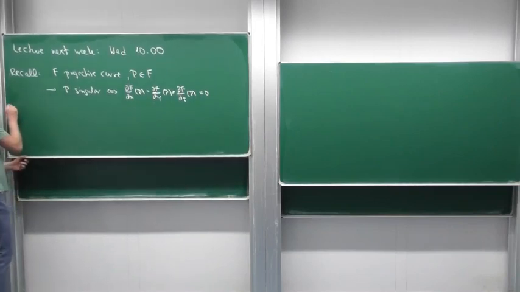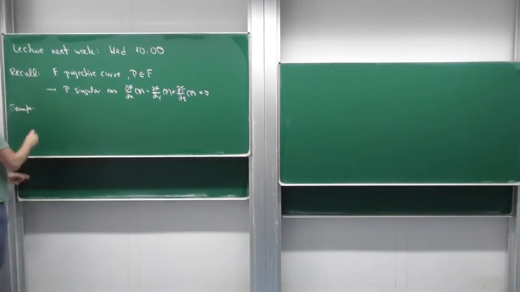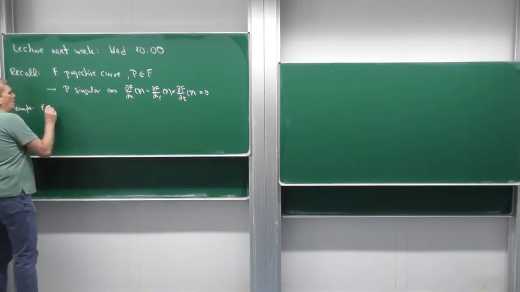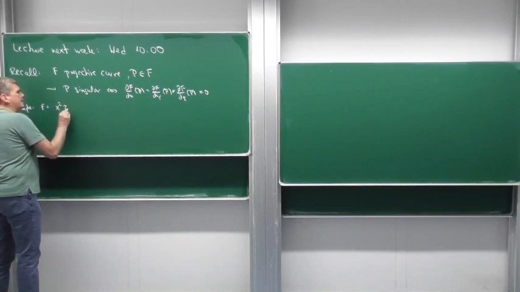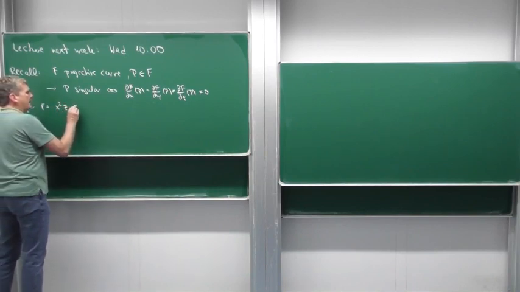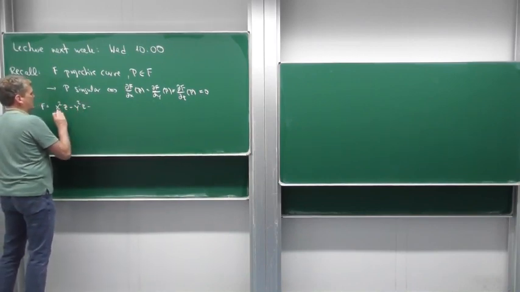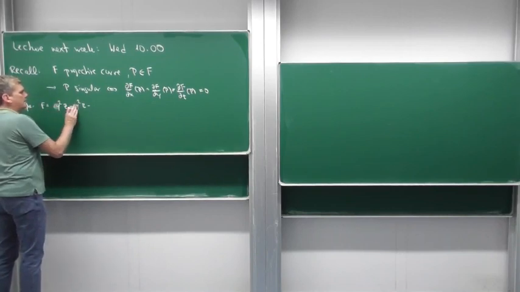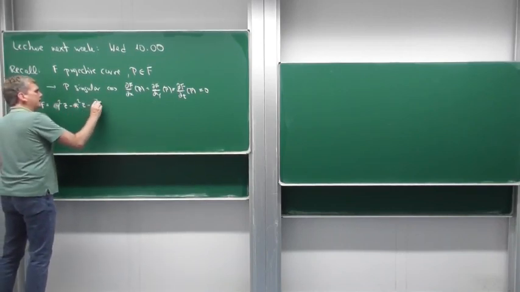But let's have a look at an example, namely the projectivization of a curve that we have already seen a couple of times. It's somehow our standard example, or one of the standard examples, namely y squared z minus x cubed.